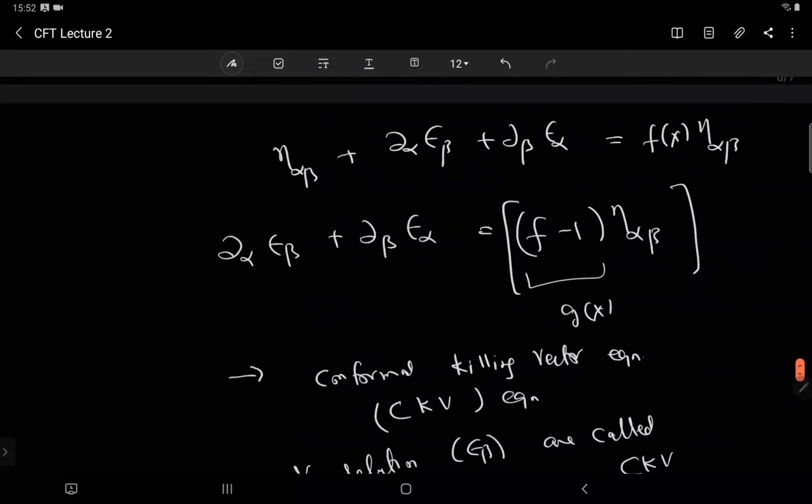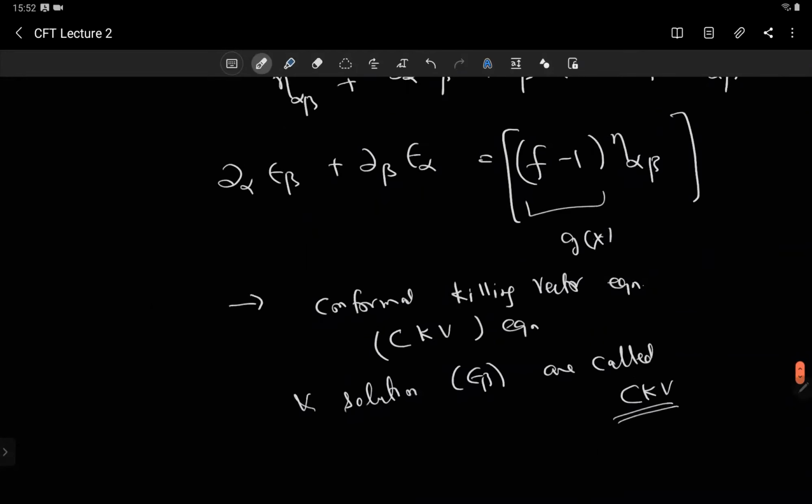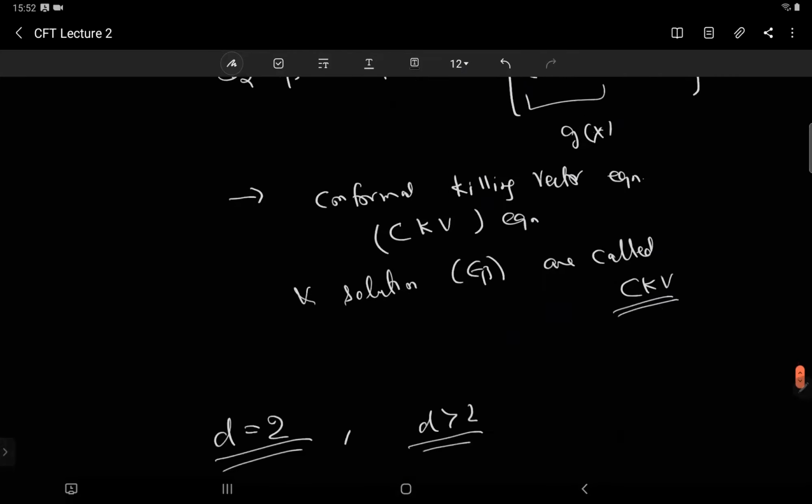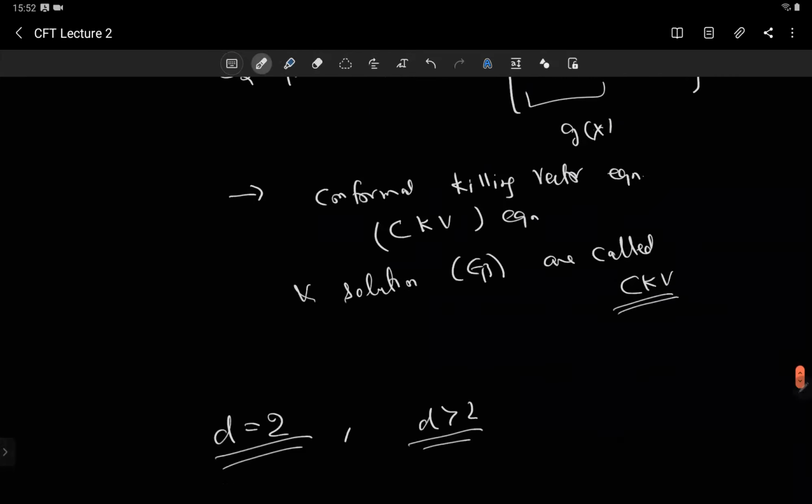So here, there's one more point: we can now actually write down g in terms of epsilon. If you contract with eta alpha beta, then you get del rho epsilon rho twice is equal to g of x times d.